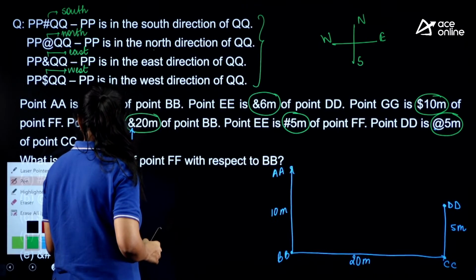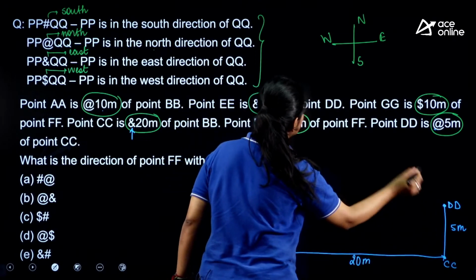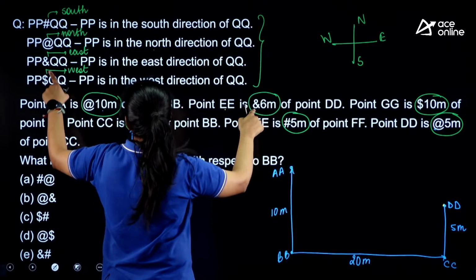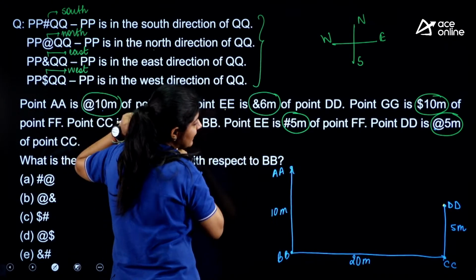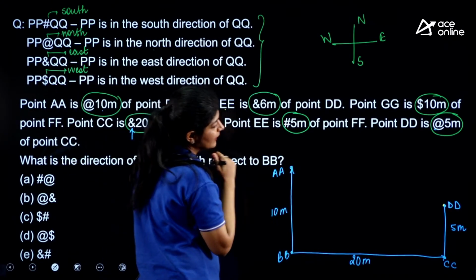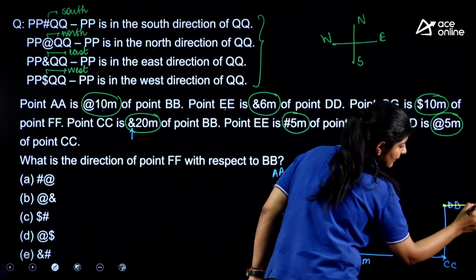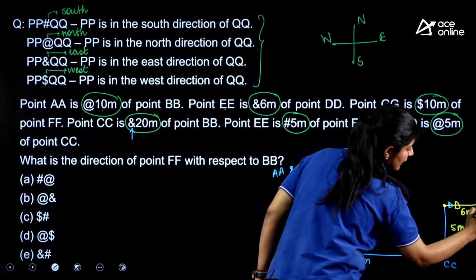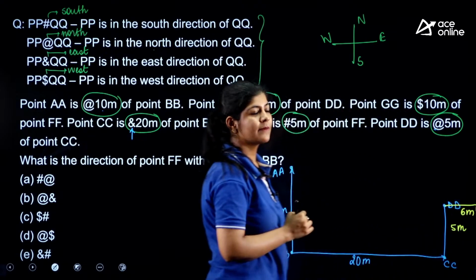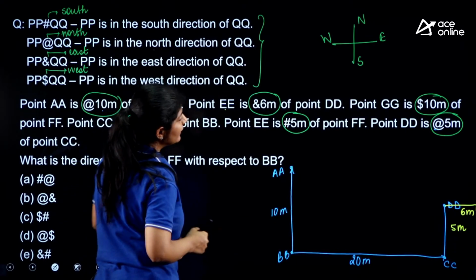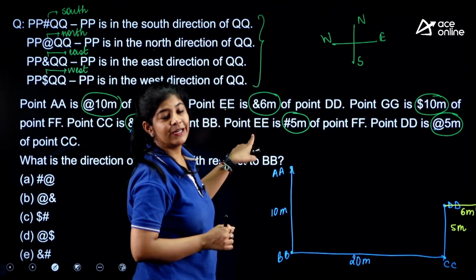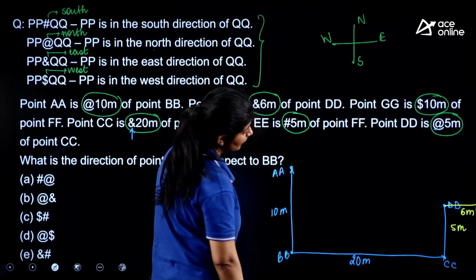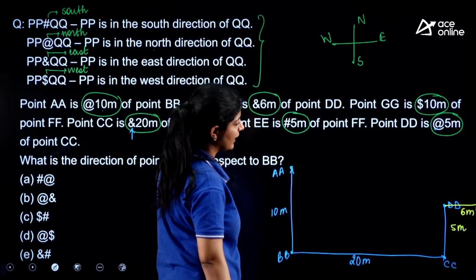Now we are having point D, so we can plot point E. Here we are having &, that means we need to again move in east direction, 6 meter east. So let's suppose this is 6 meters and this is point E, right? Now with the help of point E, we need to draw point F, and that is #, that means south. Okay, now we again need to move in south direction.